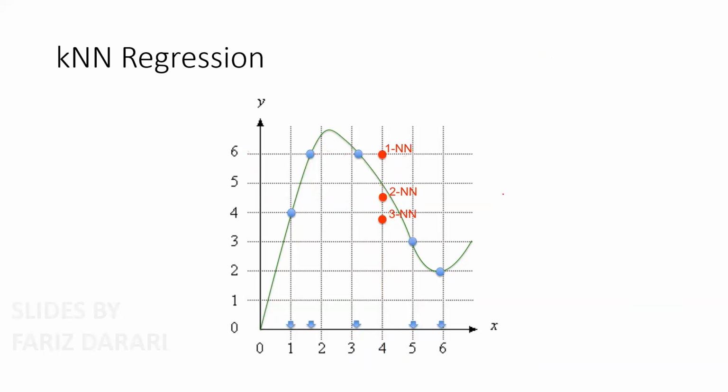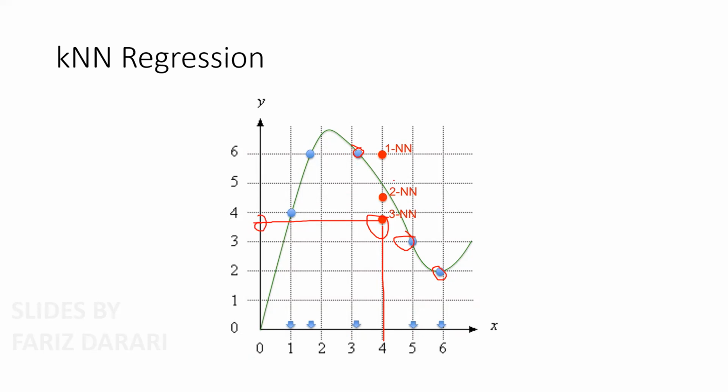And what about three nearest neighbors, right? When you do three nearest neighbors, you get this, and then this, and then this, and then the average should be this one. So when your input is 4, the output will be predicted as 3.7 something. Okay?